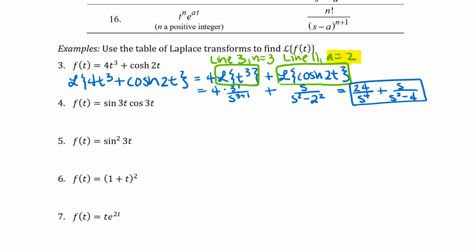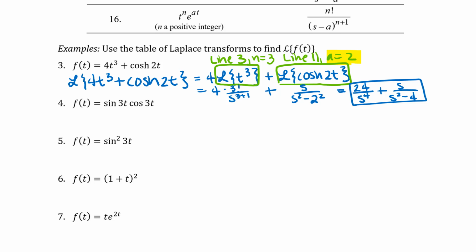All right, so for these others, one important thing to notice is there's actually only one of these that is explicitly in our table. For number 4, I do have sine of 3t and cosine of 3t, but you know that when you integrate functions, you can't just integrate a product of functions by integrating each part.